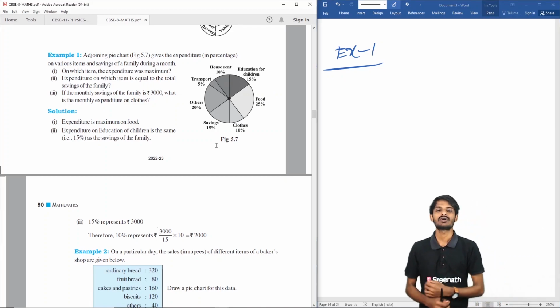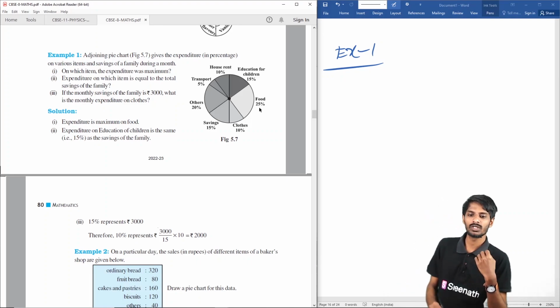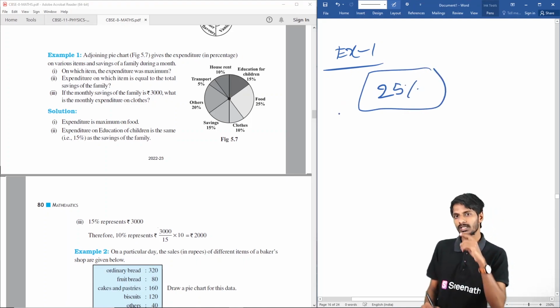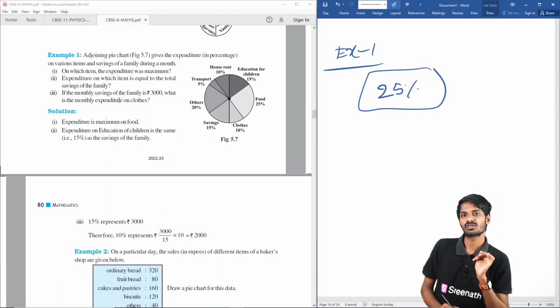Out of all these, on which is the expenditure more? It is food, which is 25%.